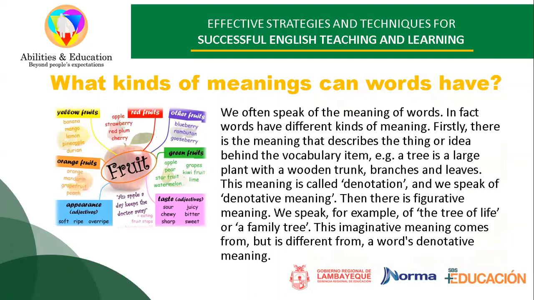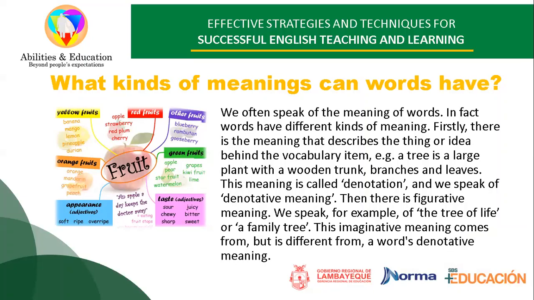Then there is a figurative meaning. We speak, for example, of the tree of life or a family tree. This imaginative meaning comes from, but is different from, a word's denotative meaning. For example, tonight in one of the riddles, we had a kind of tree, a palm. And we also see, I know you like the palm of my hand.